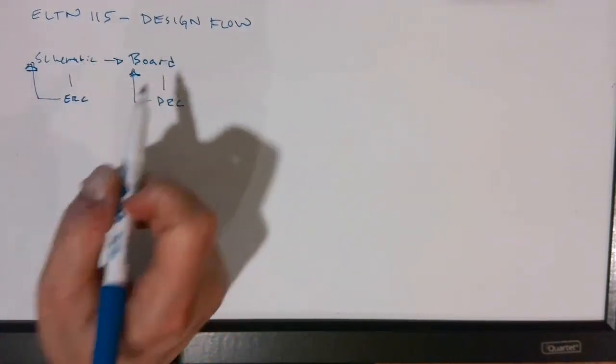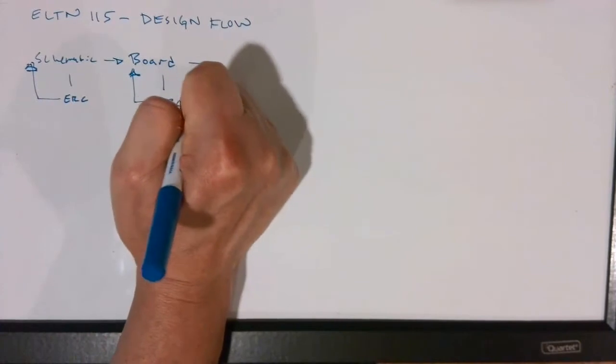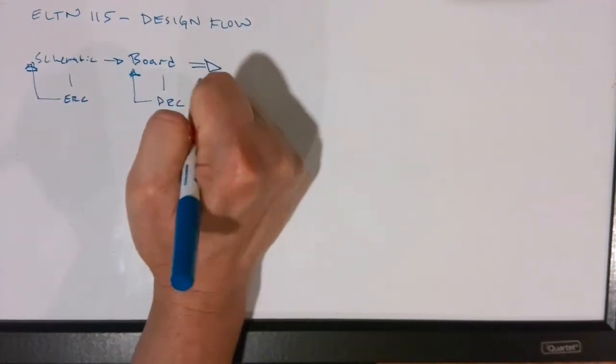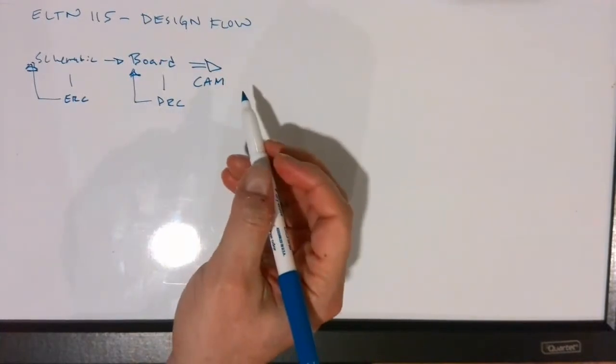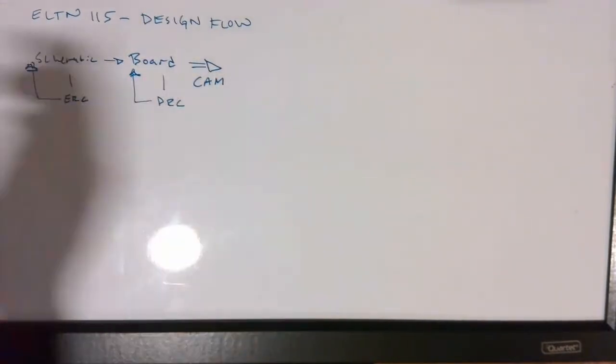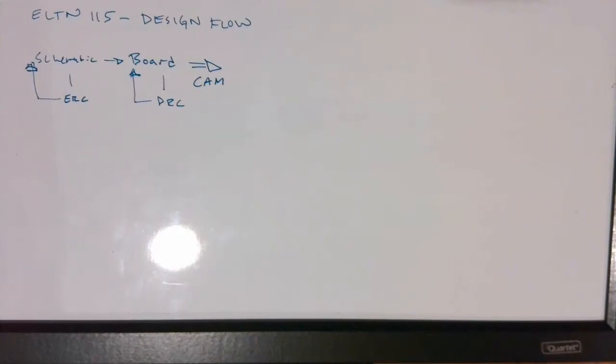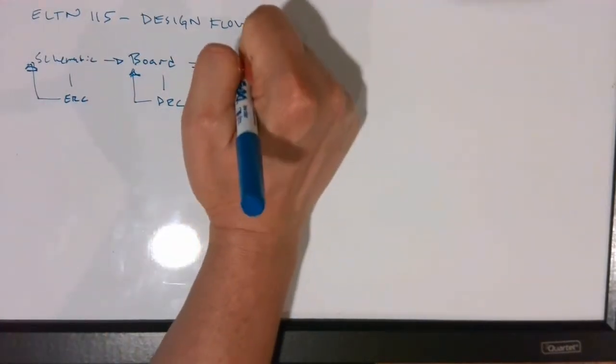The next step after that, once the board is done, is to go through a CAM process. In Eagle, we haven't talked about this, but I'll go through it in probably the next week or two, computer-aided manufacturing process steps create a number of fabrication files from the board.